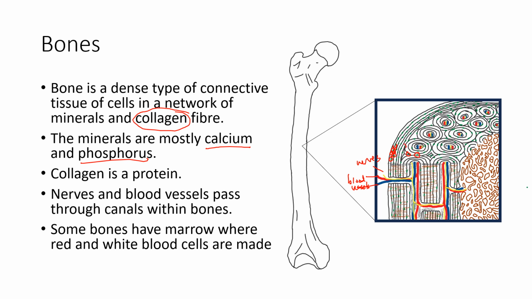These cells are going to, of course, maintain the bone structure. Now, on the inside of some bones, not all bones, there will be a marrow section, and that is where blood cells are made. Things like the red blood cells and the white blood cells that we learned about earlier in the circulatory system, that all occurs inside of the bigger bones inside of our body.